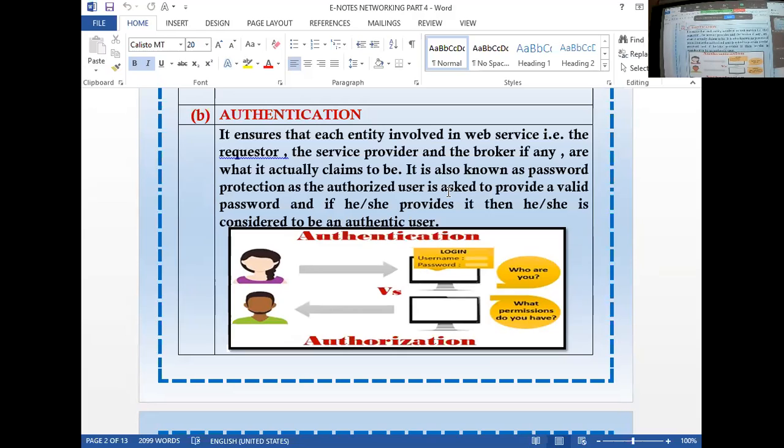The user has to provide the password, and if it is found correct, then we can check the authenticity of the user. A valid password must be provided by the user so that we can say he is an authentic user. Beta, the general meaning of authentic is true, a true user, right?